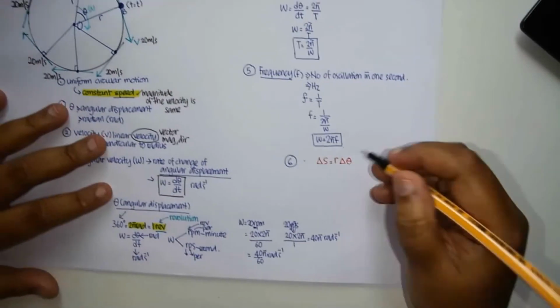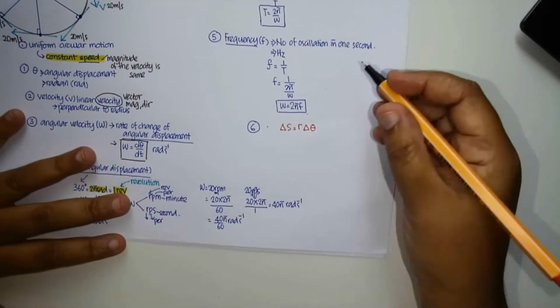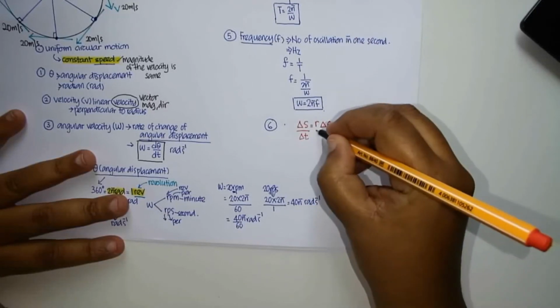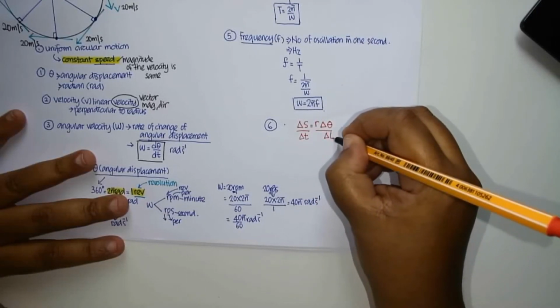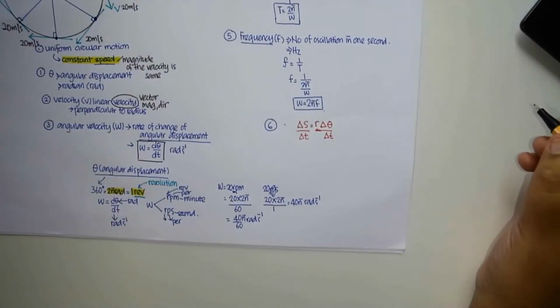R is constant. R is the same throughout the whole motion. So here we divide by delta t.